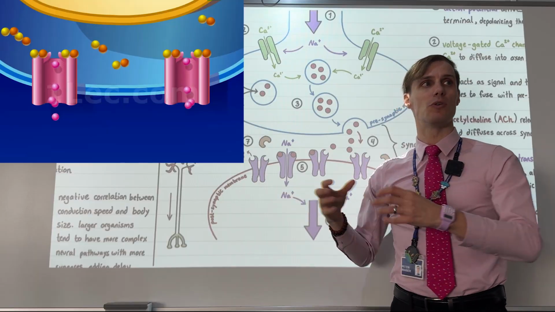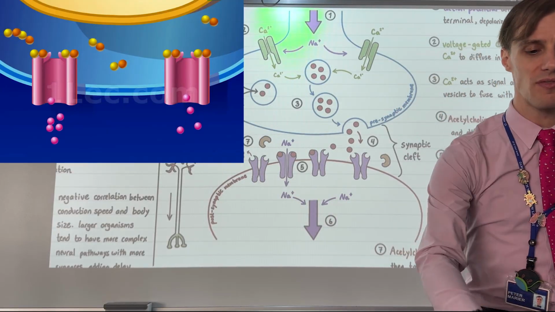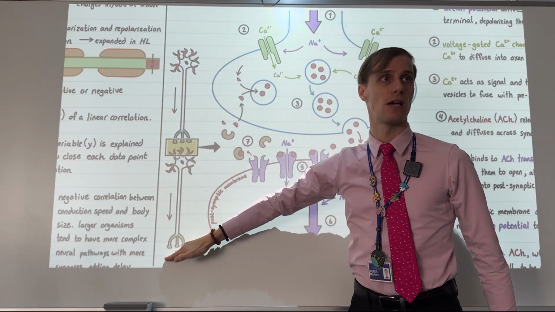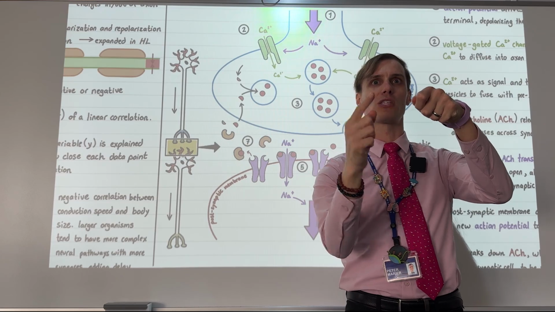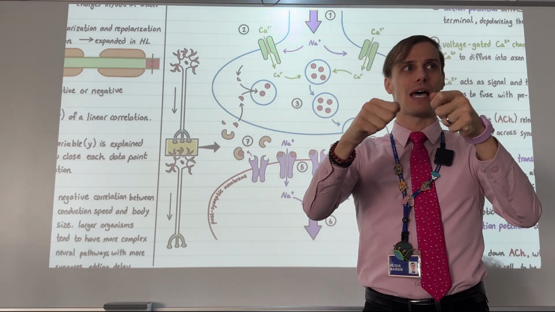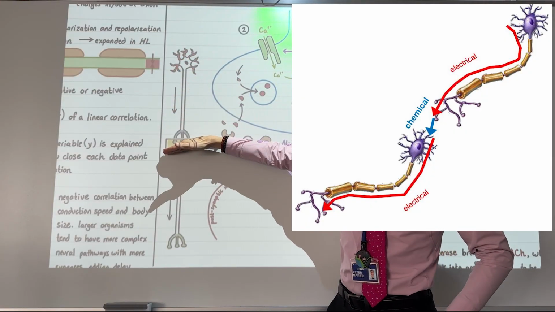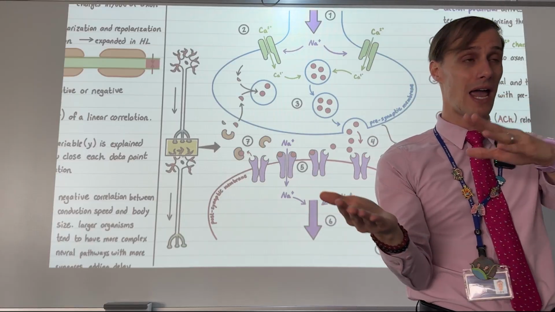That is now going to induce a new action potential to be generated, and we've now moved the signal from this cell to this cell. It's not like if I took two wires and I can actually jump a spark from one wire to the other wire. That's not what's happening, right? What's happening is I actually had an electrical impulse, chemical signal, electrical impulse again. So it's actually both electrical and chemical.